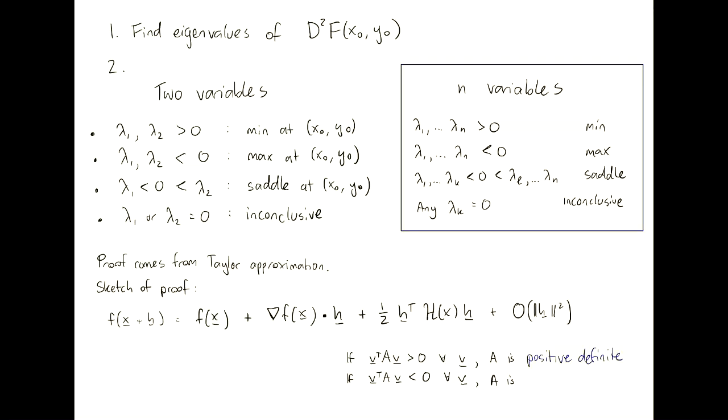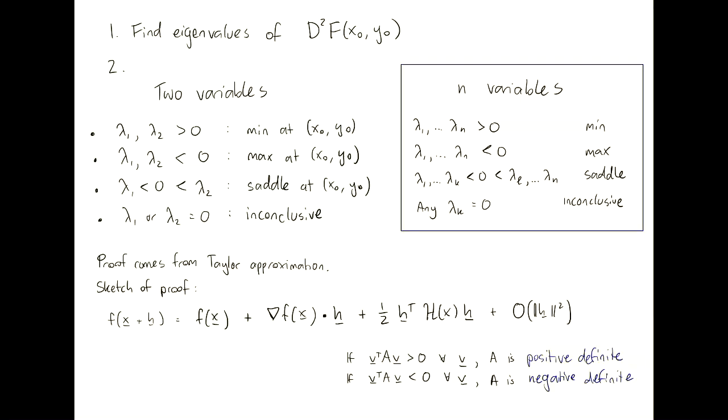Whereas, if v transpose Av gives you a negative number, then A is what is called negative definite. These are very useful traits. The reason these are useful is that this will eventually manifest in saying that any direction I choose to go in will have a positive gradient, or any direction I choose to go in will have a negative gradient. But we need to do a bit of work to get there. We don't get that for free.